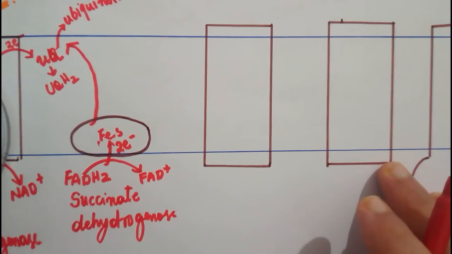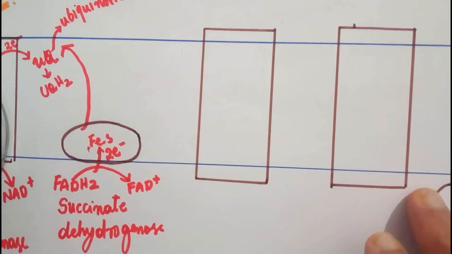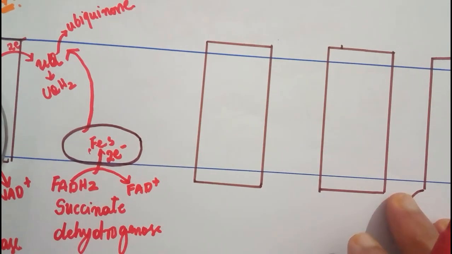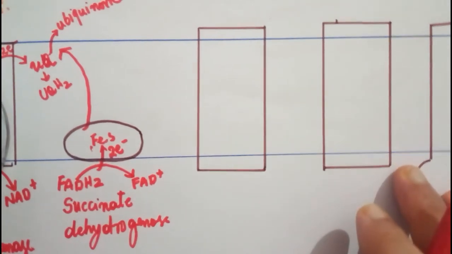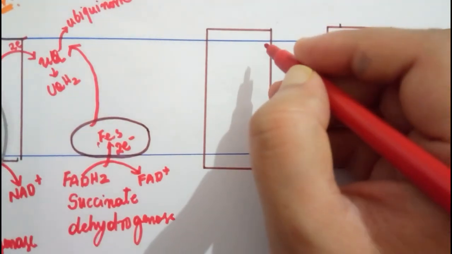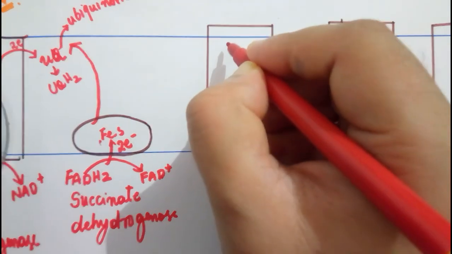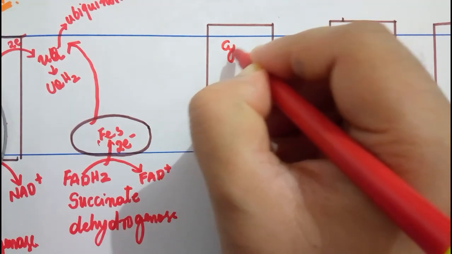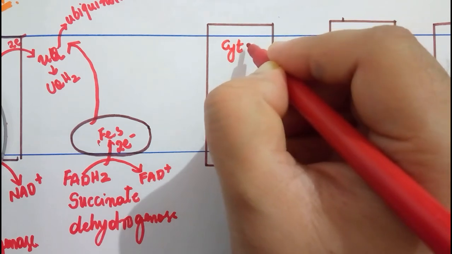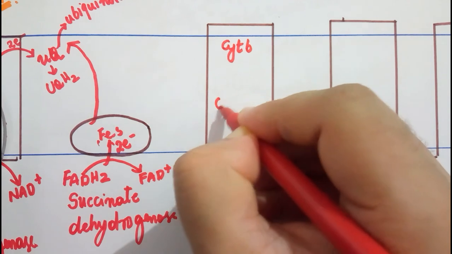Let us come to complex 3. Complex 3 is called the cytochrome Bc1 complex. Why is it called cytochrome Bc1 complex? Because it contains cytochrome B and cytochrome C1.